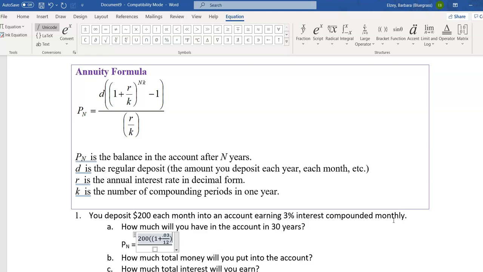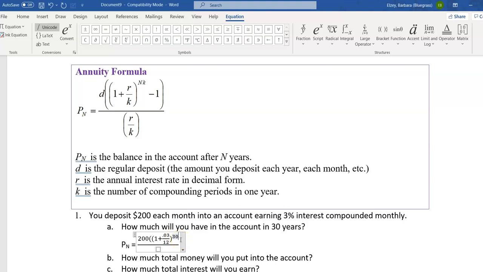And then I want to raise that to the NK. So our N times K in this case, N is the years, that's 30. K is compounded monthly, so that's 12.